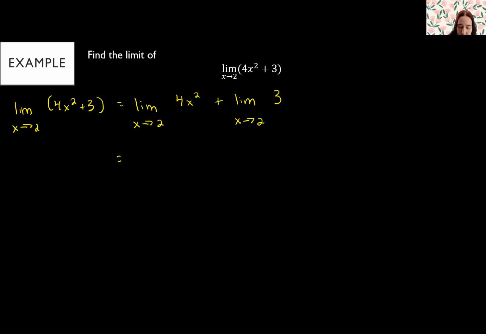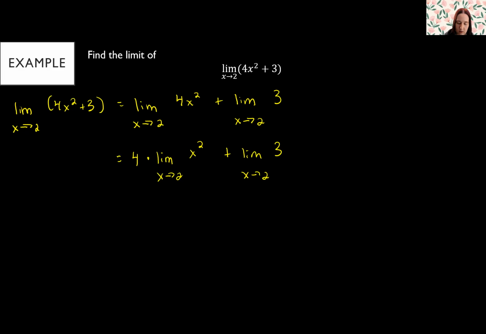So we can rewrite this as 4 times the limit as x goes to 2 of x squared, and then plus the limit as x goes to 2 of 3. So any coefficients can be pulled out of the limit when they're multiplied. And then you're just left with your variable part.